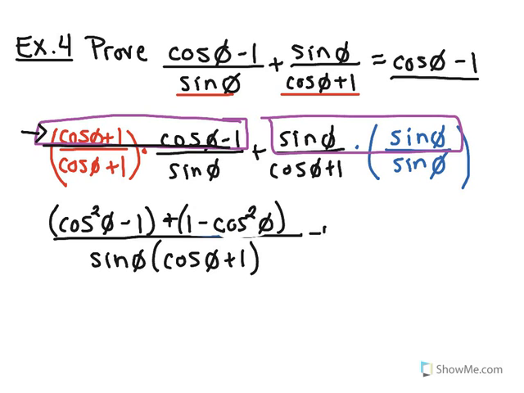So let's see what we can do in the numerator here. I do notice that these ones are going to cancel each other out. So goodbye and goodbye. And then I've got a problem. Because what's going to happen is this cosine squared phi and this cosine squared phi are going to cancel each other out.